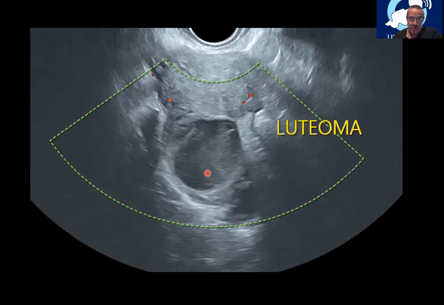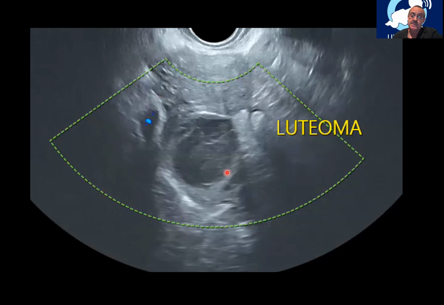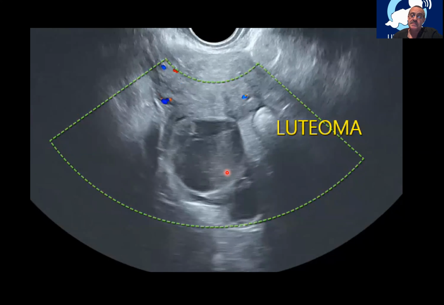Sometimes the rupture of the follicle takes a blood vessel which bleeds inside the ovary, and it takes some time for that blood to reabsorb. In fact, sometimes we see small, bright echogenic things, which are usually hemosiderin deposits inside the ovary, inside the cyst, inside the hemorrhage. See, there's a small amount of free fluid here.